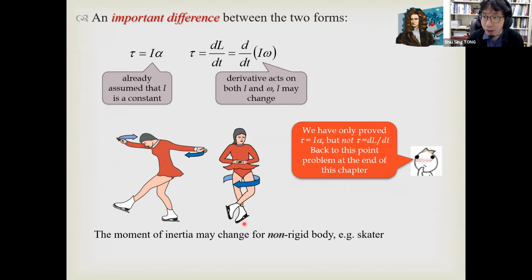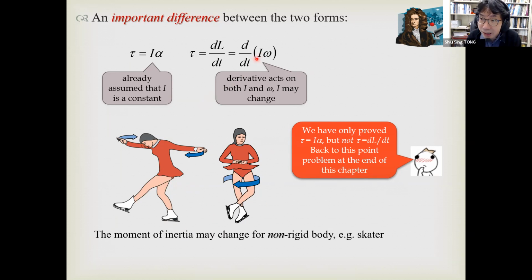We will learn it later. But for this case, it is clear that the moment of inertia of the body has changed, because when the skater contracts her arms and legs, the distance between the particles in her arms and legs and the axis of rotation has now decreased, right? So the moment of inertia does change.